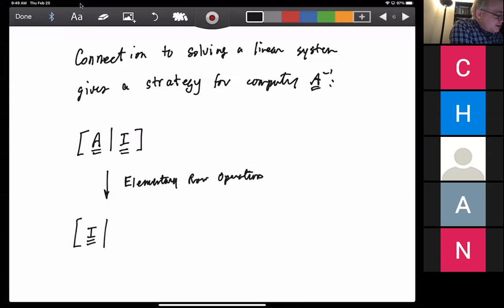That's got to be the identity matrix if it's invertible. And at the end of the day, when we've done that, we're going to replace our identity matrix on the right-hand side by our inverse matrix. Okay. So that gives you basically a strategy for finding your matrix inverse.